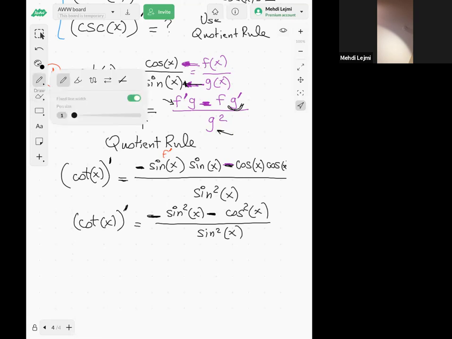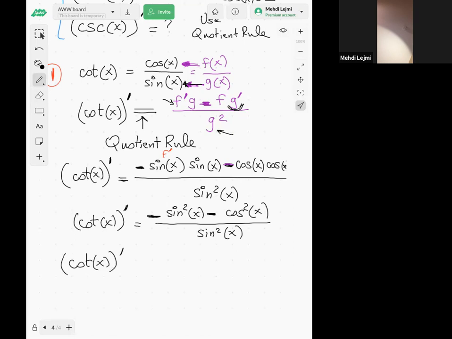So here, the derivative of cotangent of x prime is going to be a -1 in the top. Again, I'm using a trig identity, sine square plus cosine square is equal to 1. Then minus sine square minus cosine square will be -1 over sine square. So the derivative of cotangent of x is -1 over sine square.